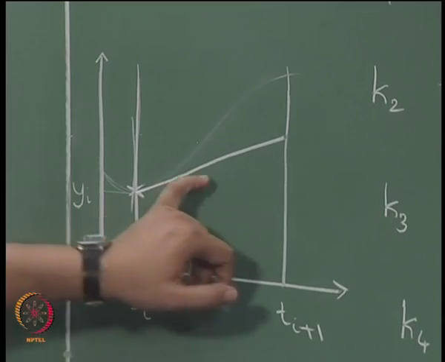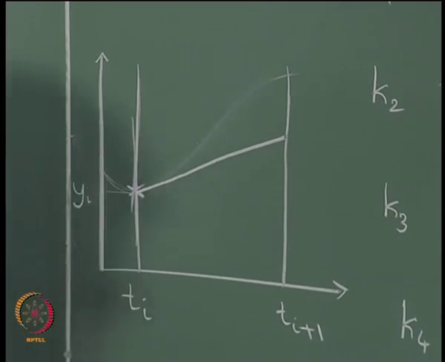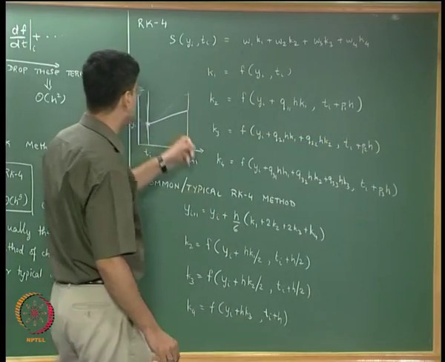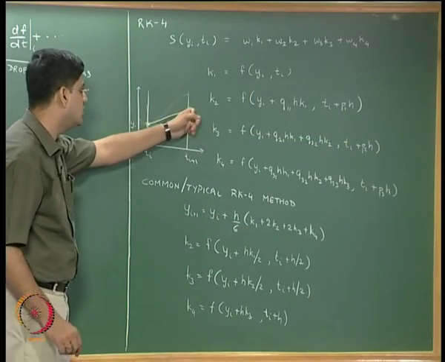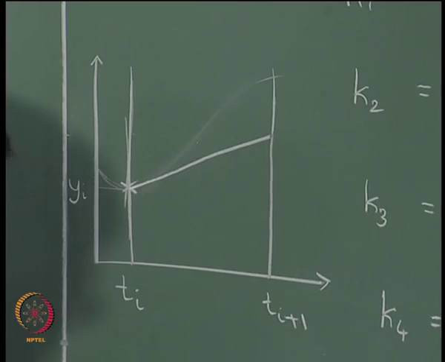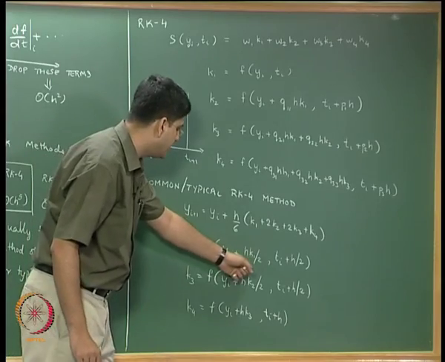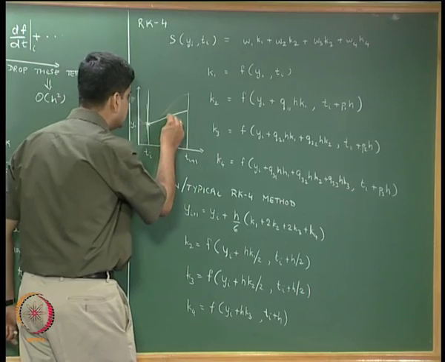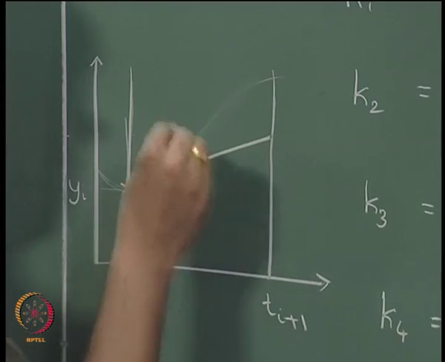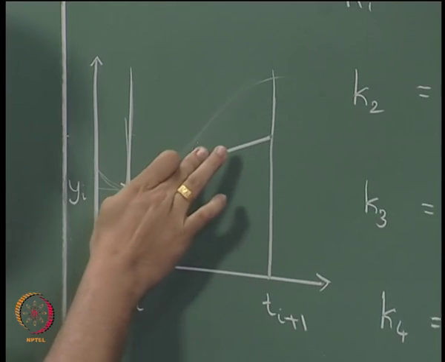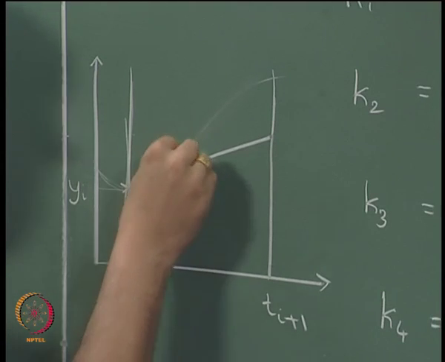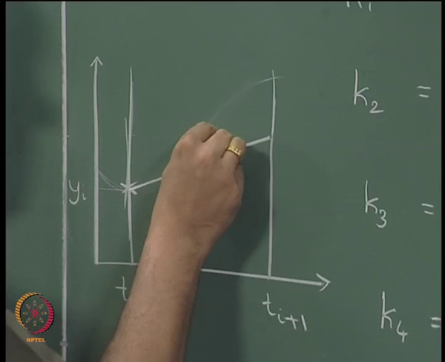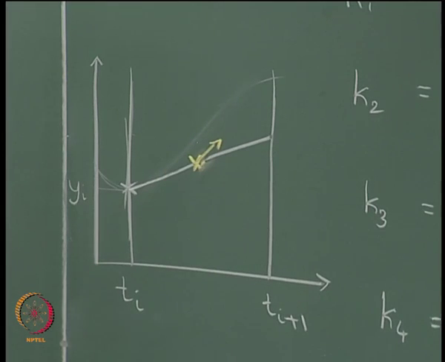Now K2 is going to lie, because our q11 and p1 are both equal, on this particular line itself, and K2 is actually computed at the midpoint, the central point over here. K2 is going to give us a slope at this central point. So let us say K2 is given by this yellow line.